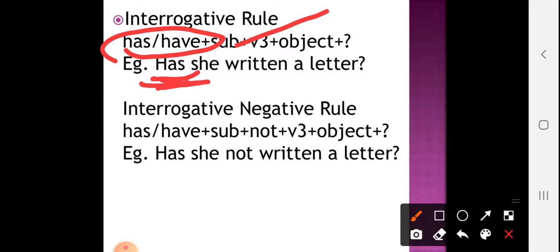Now our sentence was she has written a letter. When we convert this into interrogative, it will become: has she written a letter? Question mark. That is compulsory, right? And if you change the negative sentence into interrogative, it will become: has she not written a letter?